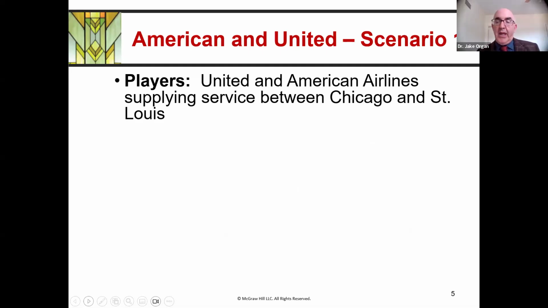So let's imagine it in the world of planes. It's a basic oligopoly situation. When I'm trying to get plane tickets, you're going to think, okay, there's United, there's American, sometimes there's Frontier, isn't there? But generally there are about three or four players. And so let's imagine American and United are fighting for a service between Chicago and St. Louis.